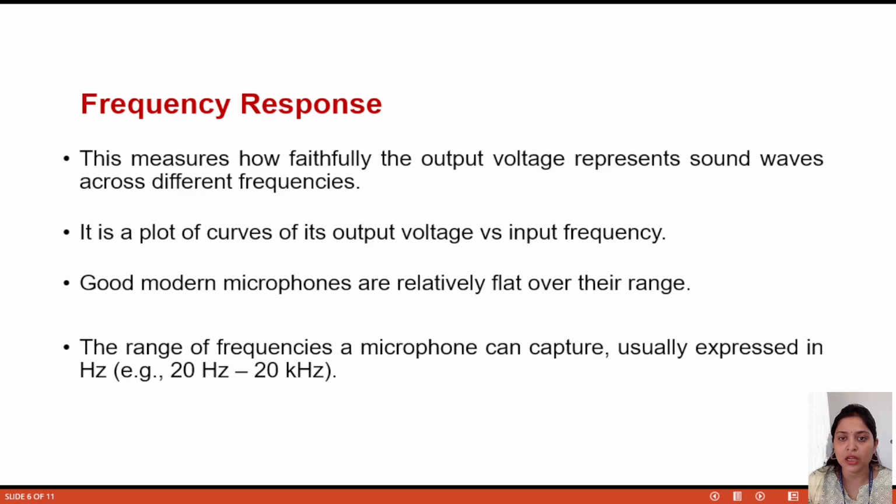That means with different input sound waves, how the output signal varies is called the frequency response. Good modern microphones are relatively flat over the entire range of frequency. The range of frequency a microphone can capture is usually expressed as 20 Hz to 20 kilohertz.